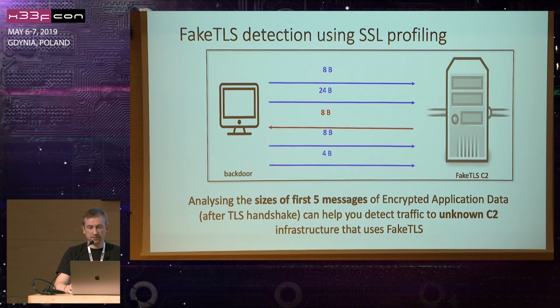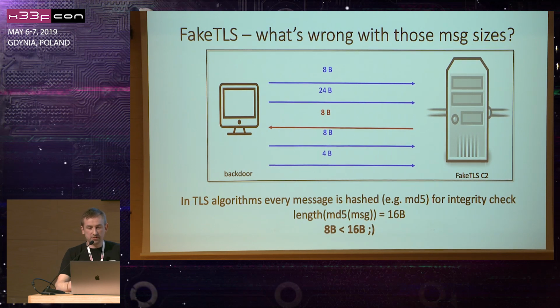So did anybody recognize what can be wrong with those sizes of messages? If we analyze the length of the messages more, it turns out that the TLS algorithms hash the values for every message. For example, if we use MD5, the length of the MD5 from a message is always 16 bytes, so it's impossible to have such a connection over TLS where the messages are of such low sizes.